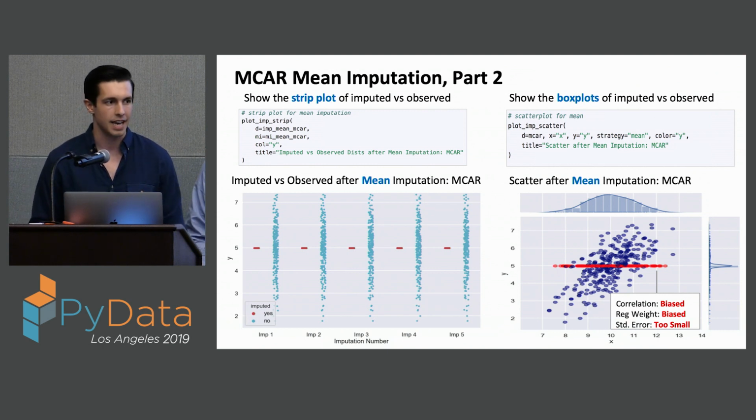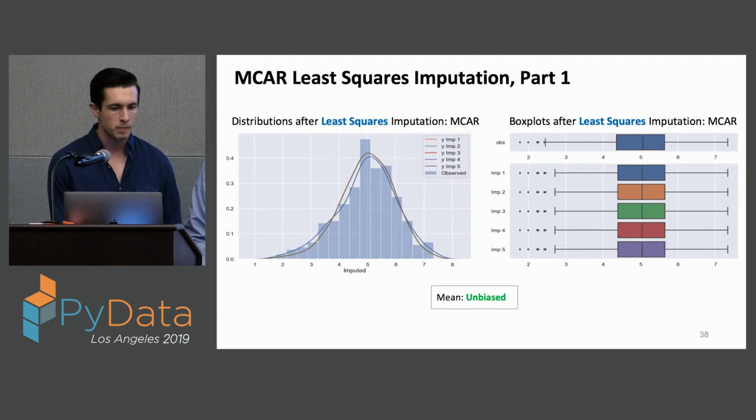In this case, because the mean is imputing the same value every single time, there's no additional variability, and a regression will be too confident in its biased weight. So mean imputation is really not useful in practice, but it is a good starting point to understand the types of things that can arise when you don't pick imputation methods carefully.